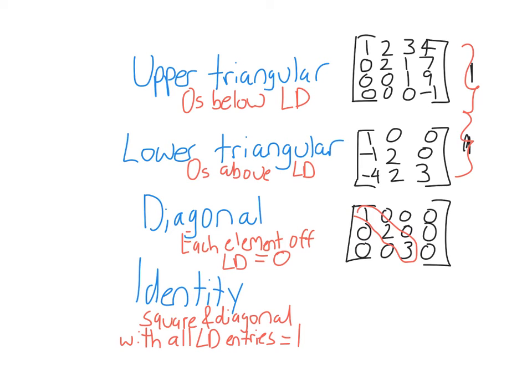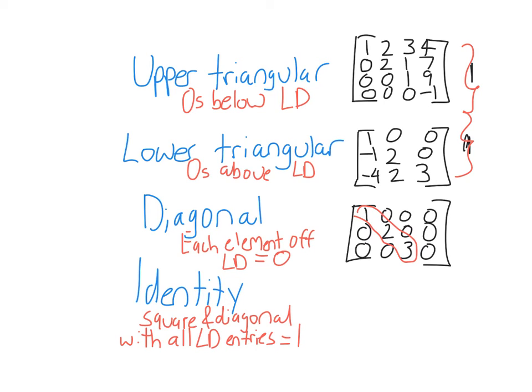So the identity matrix is something we'll look at a lot more later. It's called the identity matrix because it preserves identity under multiplication. If you multiply a matrix by the identity matrix, it doesn't change it. So it needs to be a square matrix and it needs to be diagonal, but all the entries on the diagonal are 1.